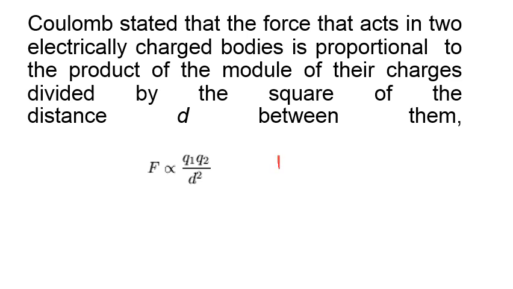So you can even write these two things separately if you want. F is proportional to Q1 Q2. Similarly, F is also proportional to 1 over d square. These are the observations given by Coulomb.